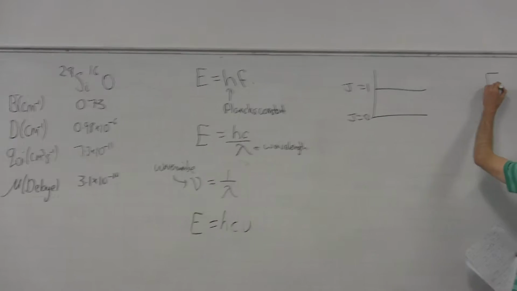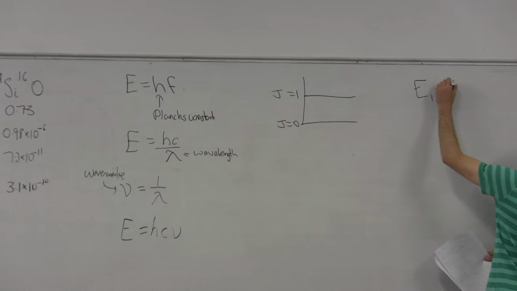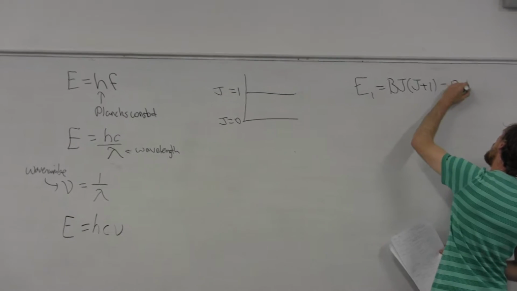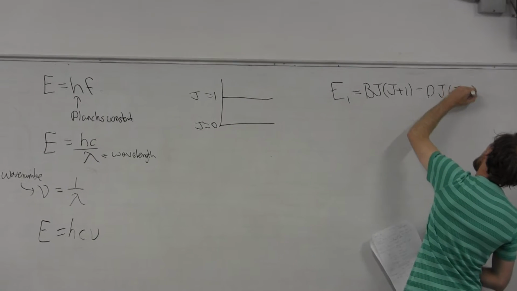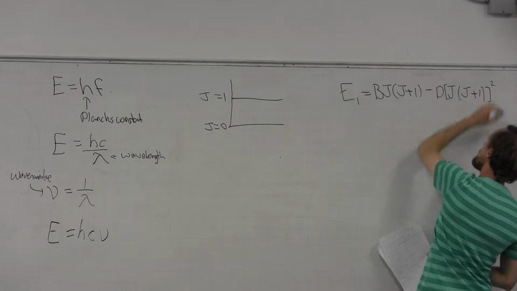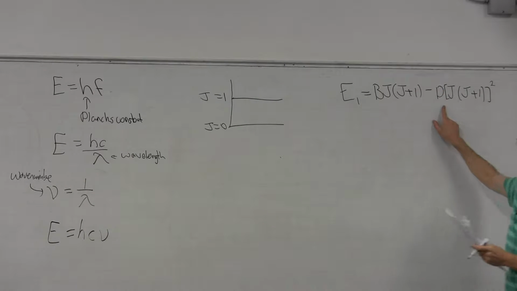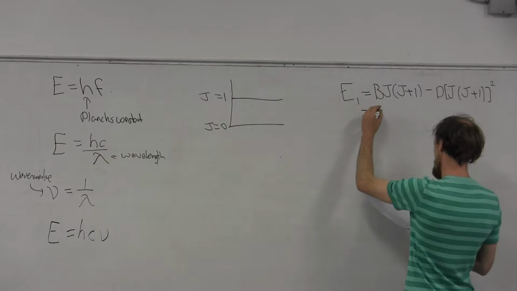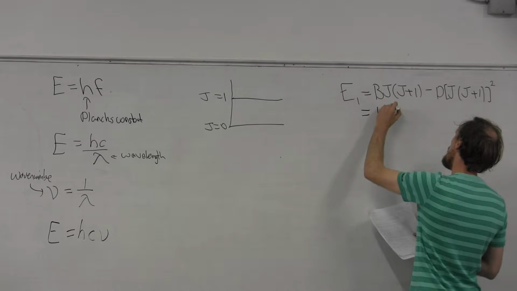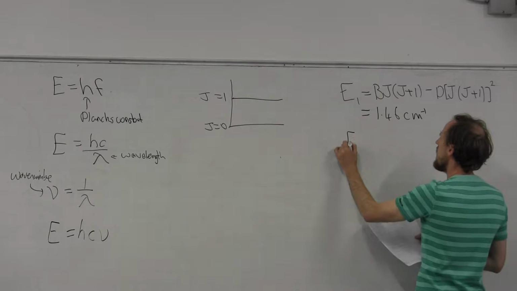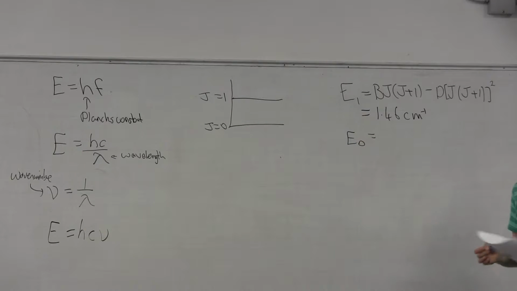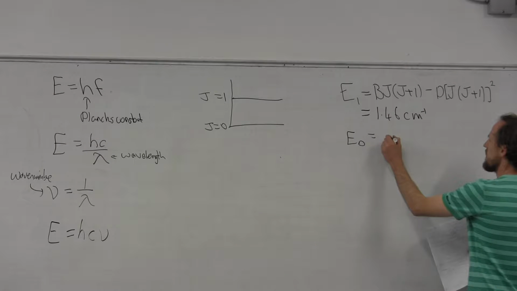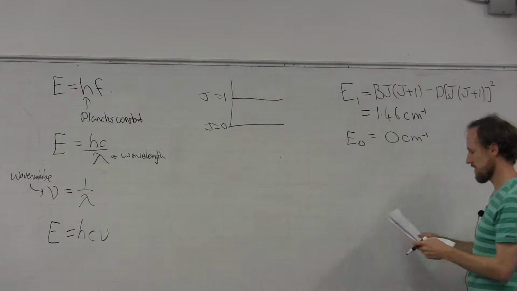The energy of the J equals 1 level, if you look at the formula, uses both these numbers, B and D, which I've given in the information, with J equal to 1. And for J equals 0, J is 0 in every term, so whatever happens, that's going to be 0. So that's not actually a difficult calculation.